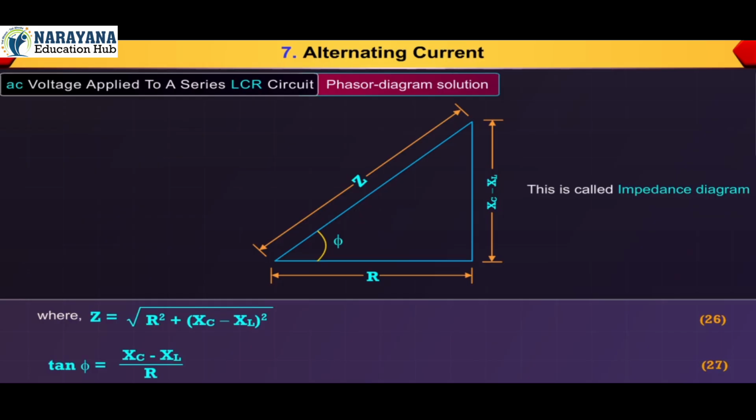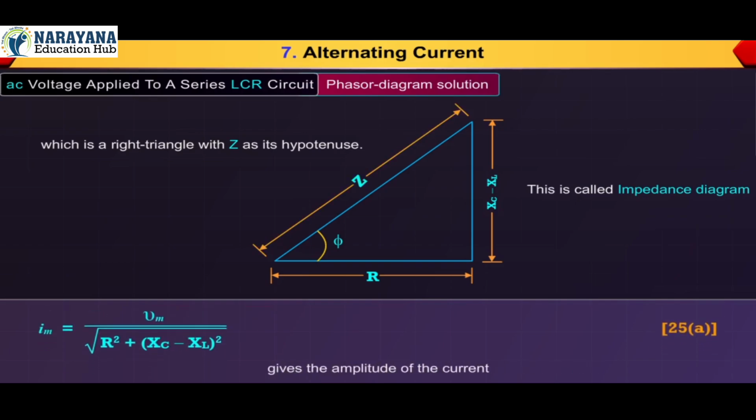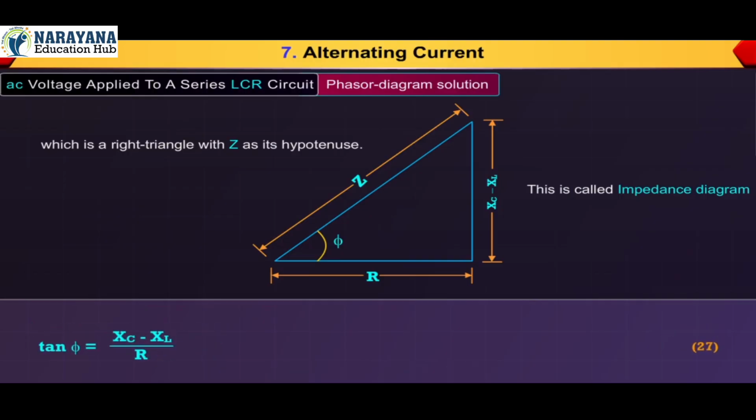This is called the impedance diagram, which is a right triangle with Z as its hypotenuse. Equation 25a gives the amplitude of the current and equation 27 gives the phase angle. With this, equation 21 is completely specified.